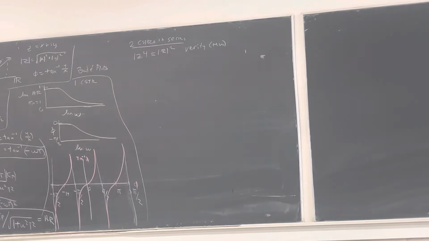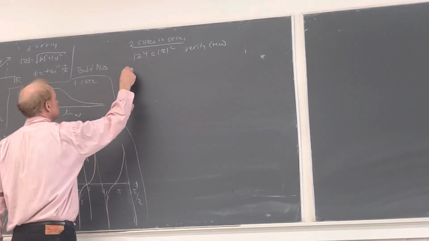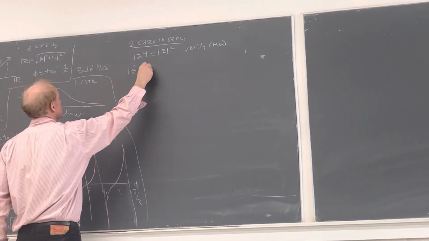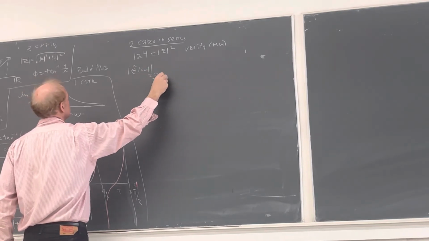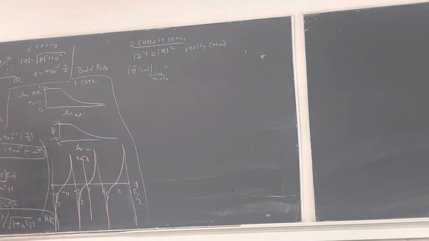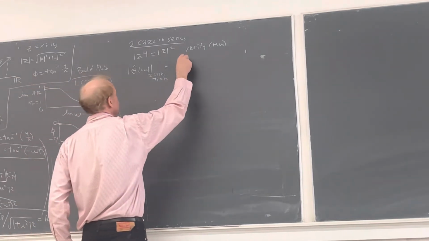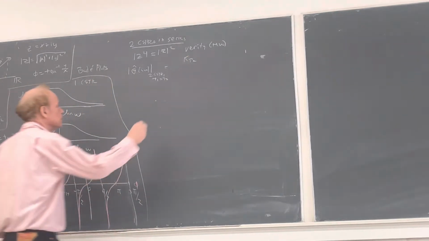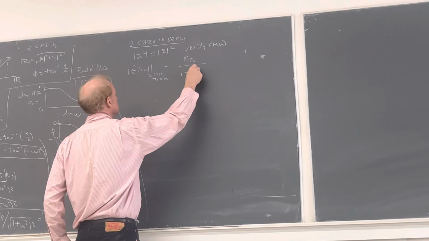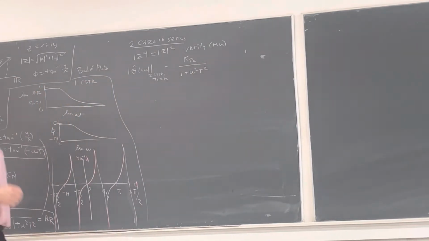In which case, the magnitude of g tilde of i omega for two CSTRs, if tau 1 equals tau 2, is just equal to the square of this. So it's equal to Kp, for two CSTRs, divided by the square root of 1 plus omega squared tau squared, all squared.